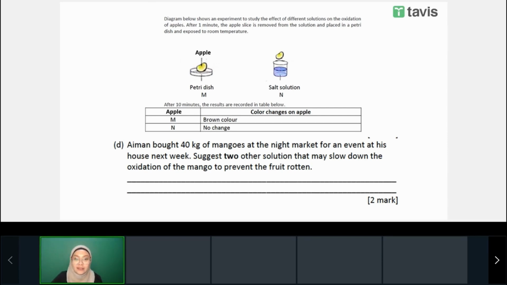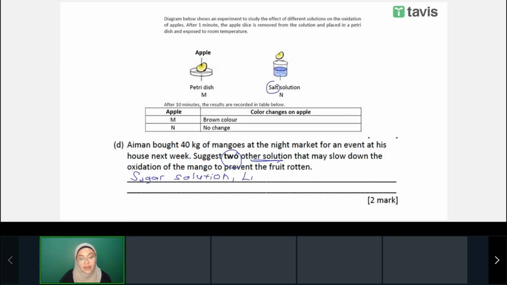I did give the answer just now. If you are not using a salt solution, they ask about two other solutions, so please provide two different solutions than the salt solution. Just now I talked about sugar solution. Sugar solution. What else?